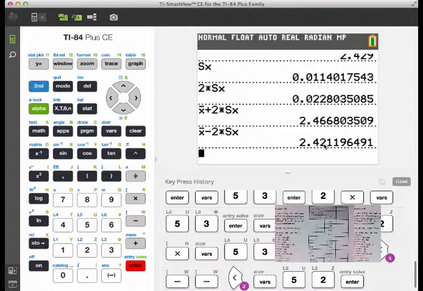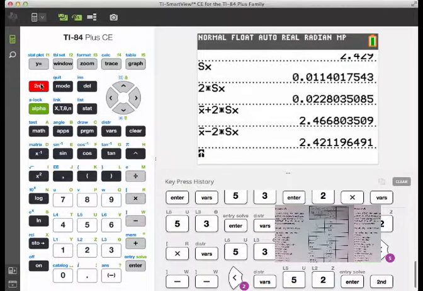Now the percent data error is based off the data error itself. So the percent data error is the data error divided by the mean times 100. Well, the data error is 2 times the standard deviation.